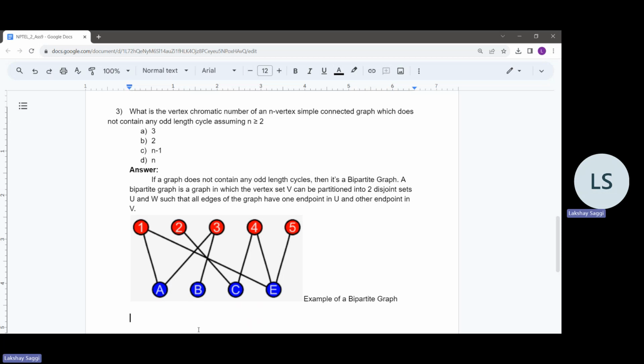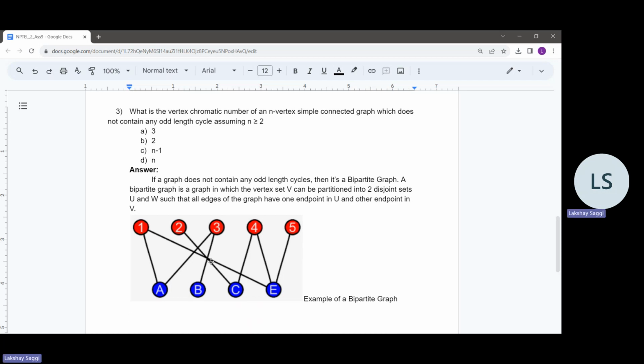I hope everyone is able to see this. A vertex coloring is valid if no two adjacent vertices have the same color.